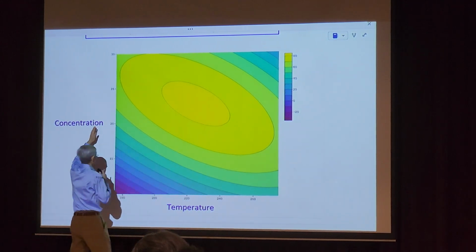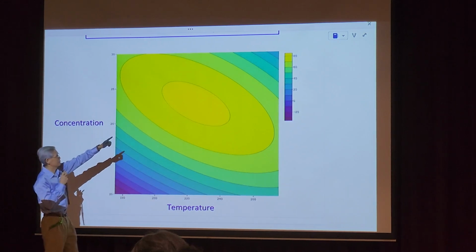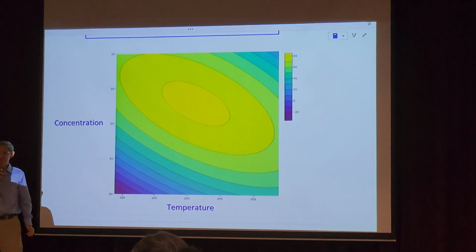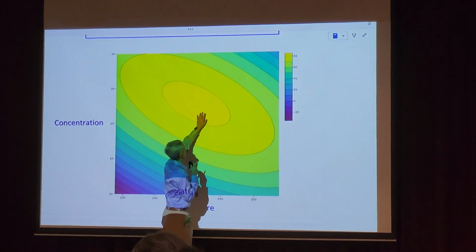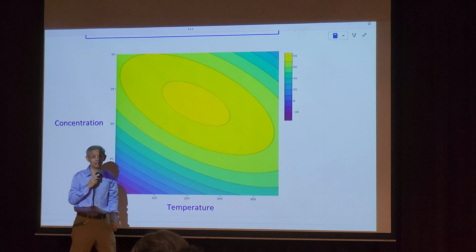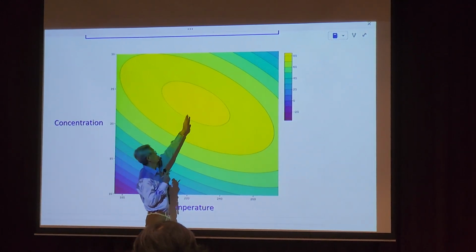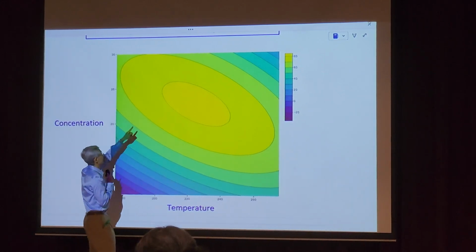Here's concentration, different concentration. And here it gives you the intensity or the magnitude of the response. So here is what we are looking for. If you want to have the best yield, use maybe somewhere in the middle, trace it down here and here.